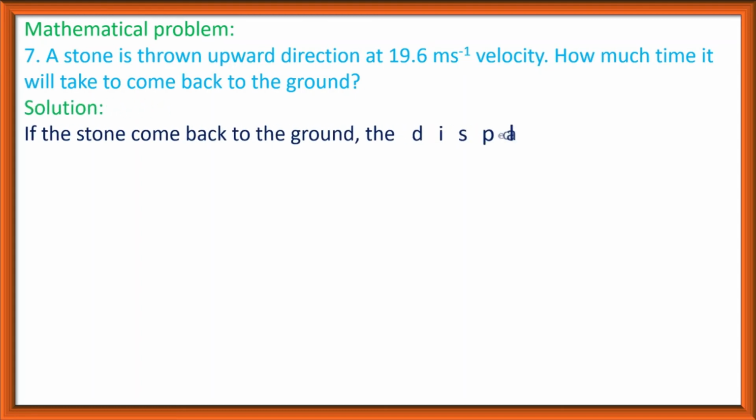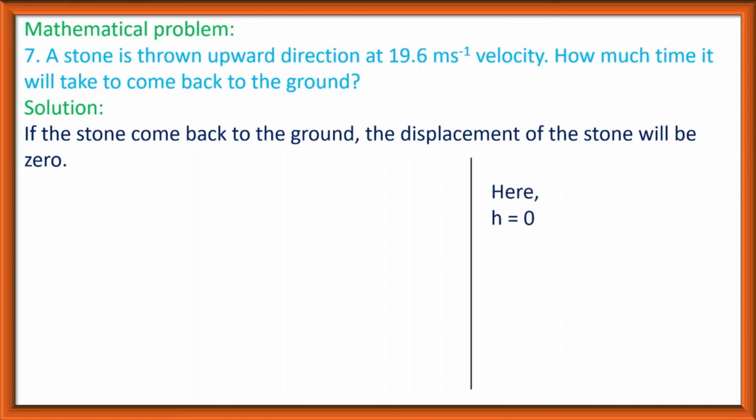If the stone comes back to the ground, the displacement of the stone will be 0, because initial position and final position are the same. So displacement is 0.